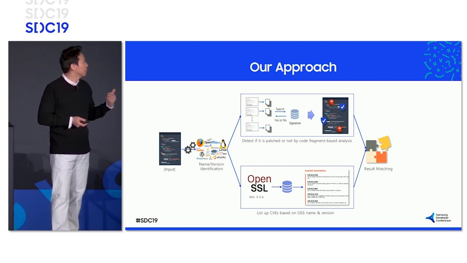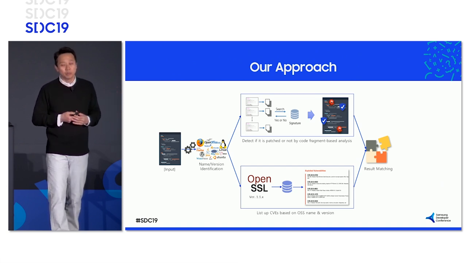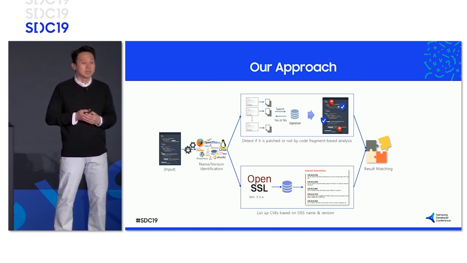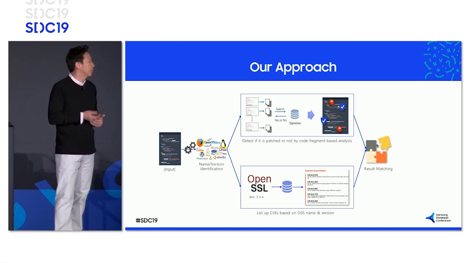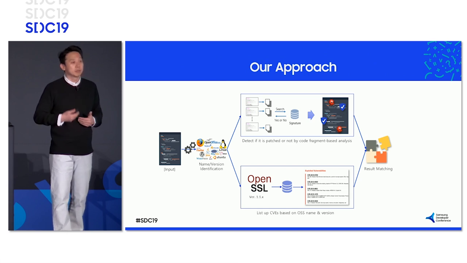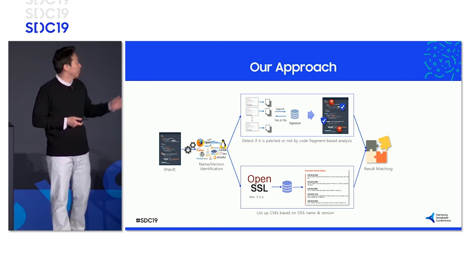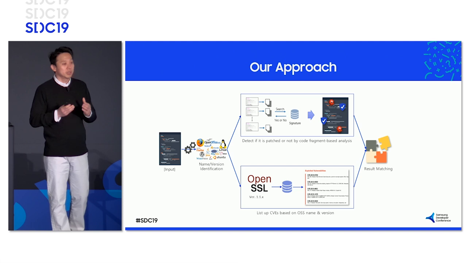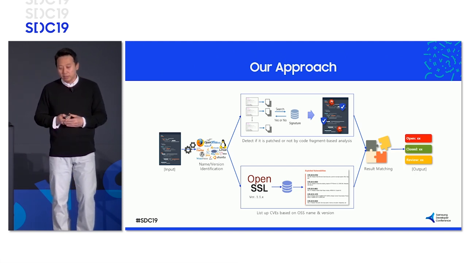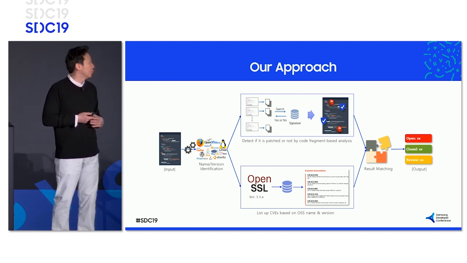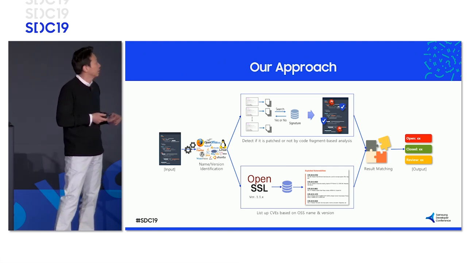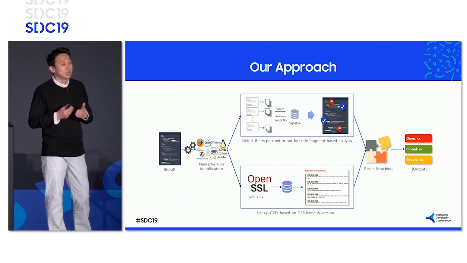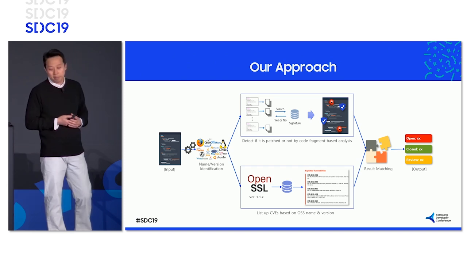And if our algorithm decides this is vulnerable, then we tell you that you have to patch this vulnerability. And sometimes we cannot decide from our algorithm. To cover this pain point, we also look at the CVE list and then give our result. The red means you have to patch. The green means you already patched this CVE.